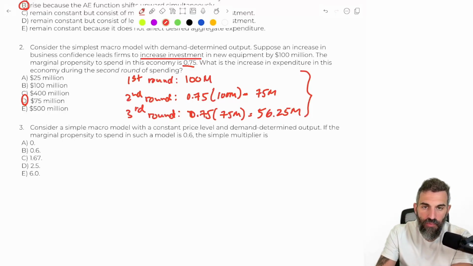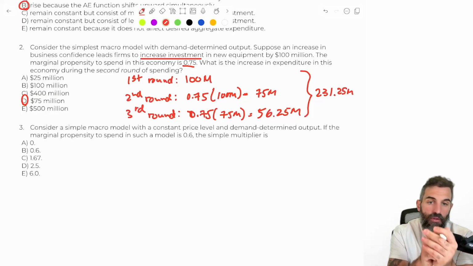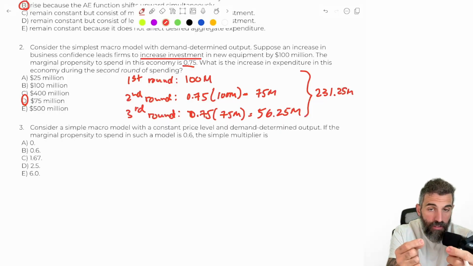Just in 3 rounds, we have spending of, let's do the math here, if I add the 3 together, 231.25 million. Just from that first $100 million of spending, the economy had $231 million of spending just in the first 3 rounds, and this will continue infinitely.